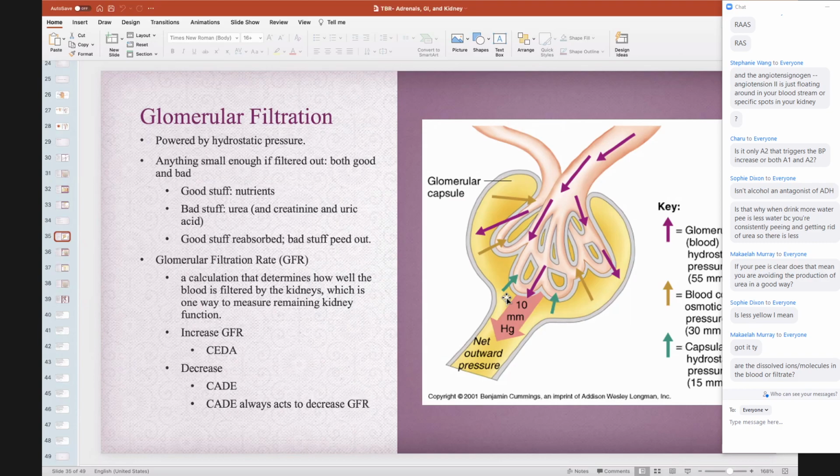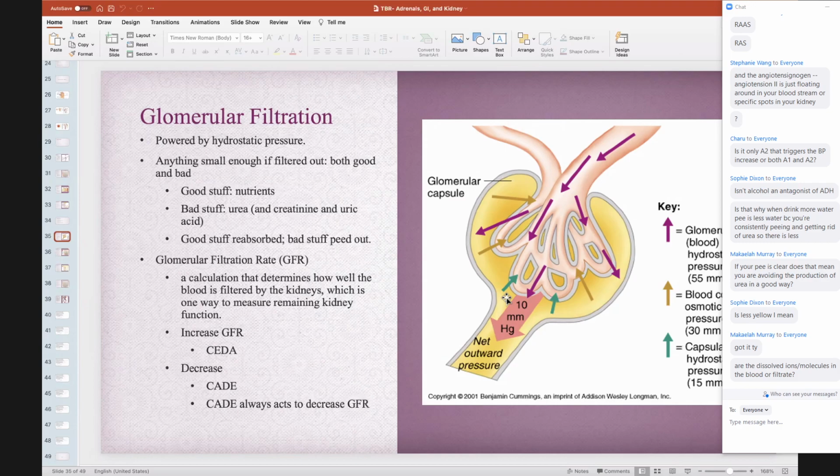We don't need to calculate GFR, thank gosh. We don't need to actually look at a number and say, oh, this is high, this is low. What does that mean? We just need to know when we would want to increase versus decrease GFR. If we have a very low solute concentration, low osmolarity, we might want to decrease GFR. We might want to decrease the rate at which we shuttle things out into the filtrate.